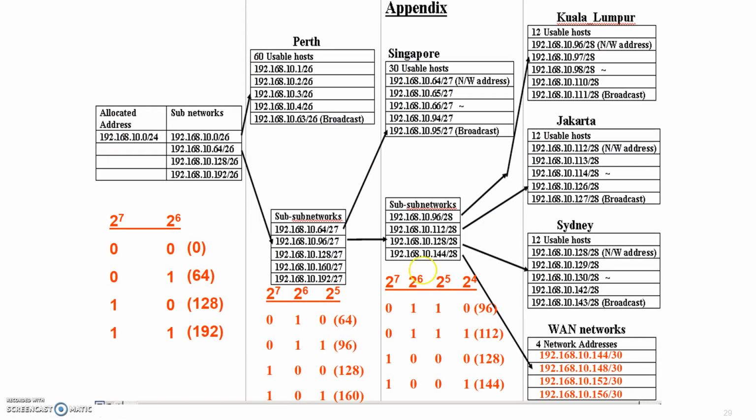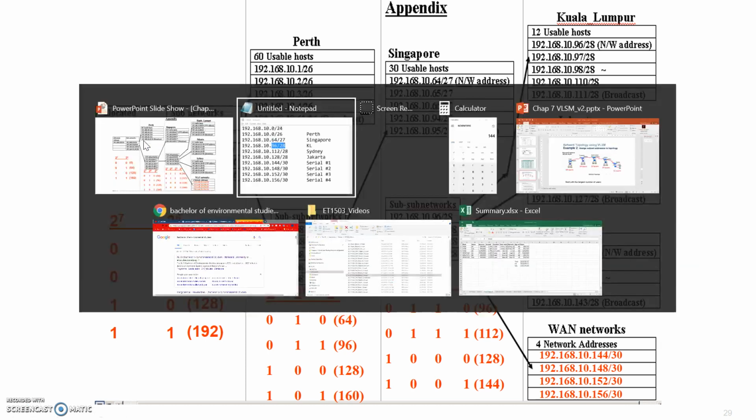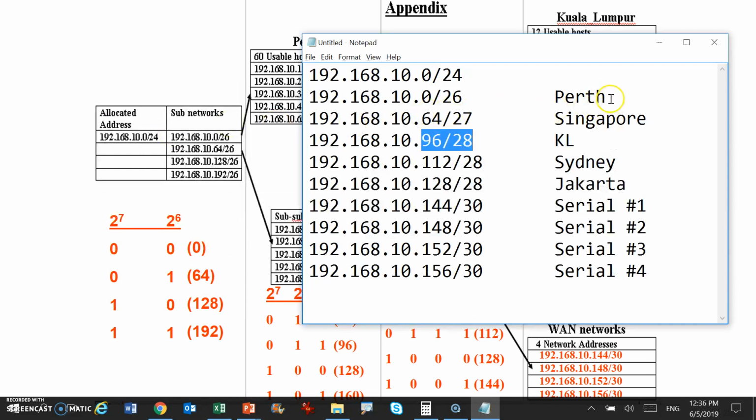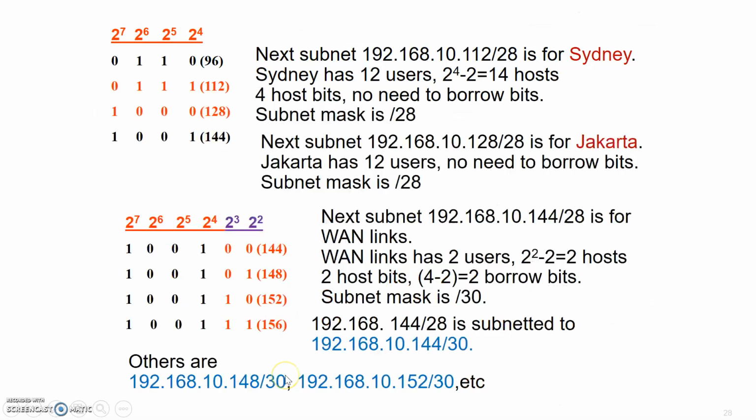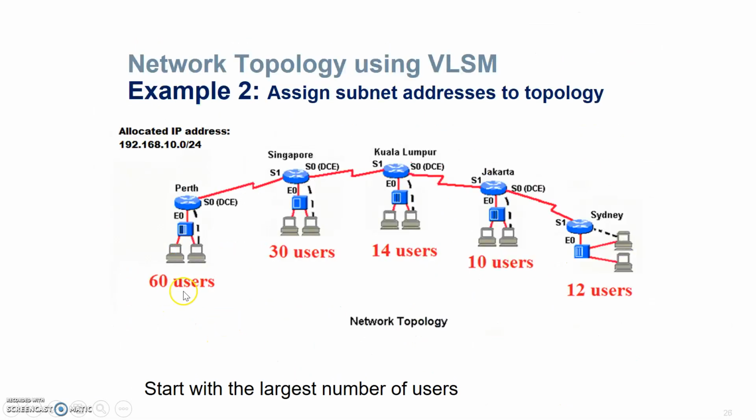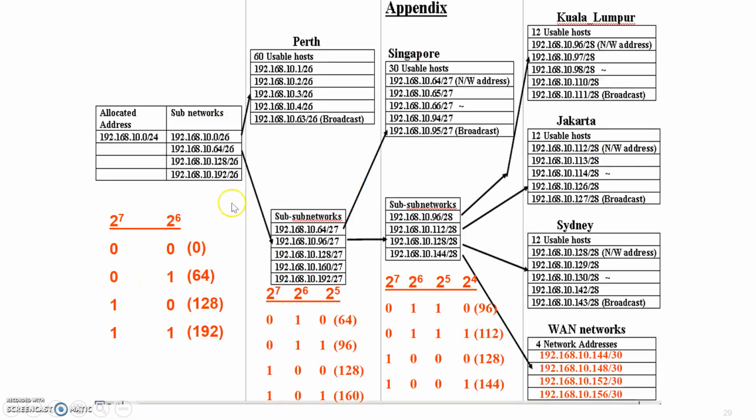This diagram will show you the actual subnetting that is taking place. If you remember, we started with the 10.0/24 network, and because Perth needs 60 IP addresses, we change it to a /26. So we subnet from /24 to /26, and subnet 0 is given to Perth.